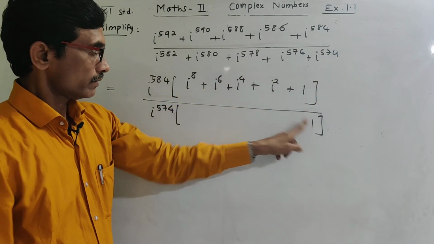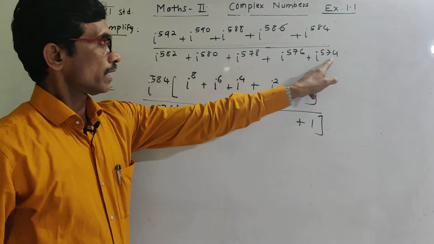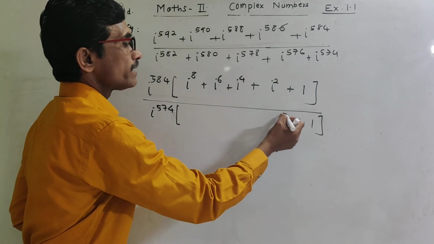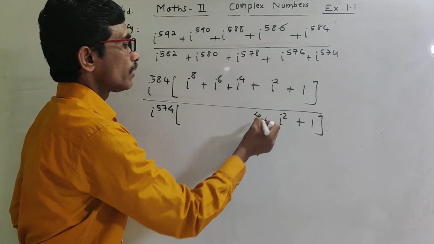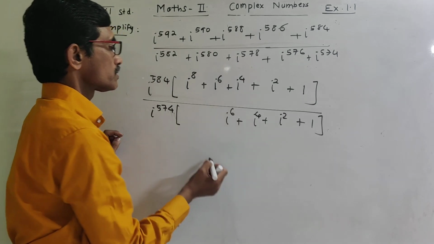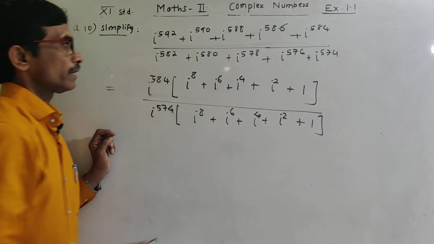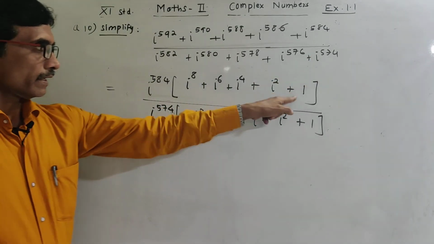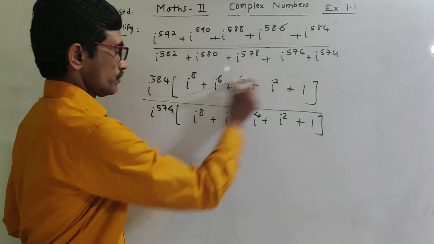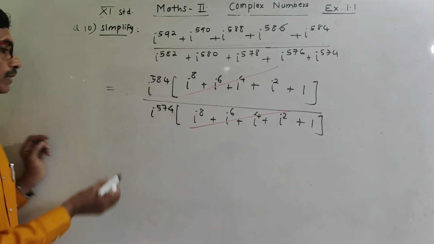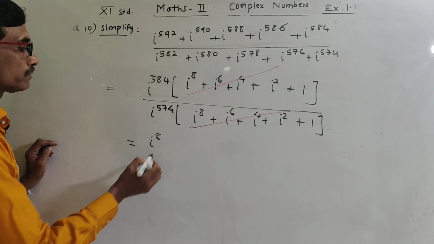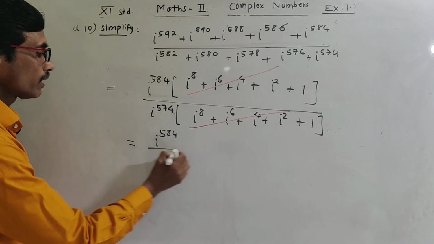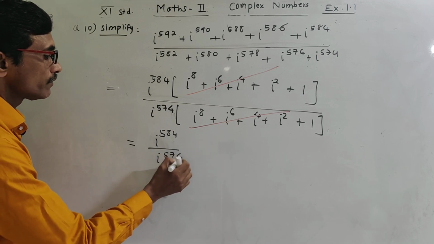So here 1 plus, in every power the difference is 2, so after taking this common, here will remain i square, here i to the power 4 plus i to the power 6 plus i to the power 8. There are in all 5 terms. So you get the same numerator and denominator, so this will get cancelled. What is left over here? i raised to power 584 upon i raised to power 574.